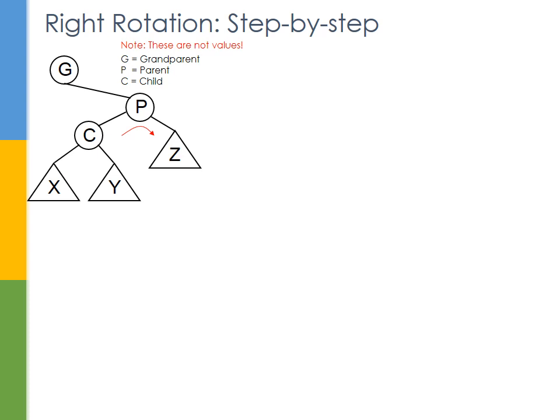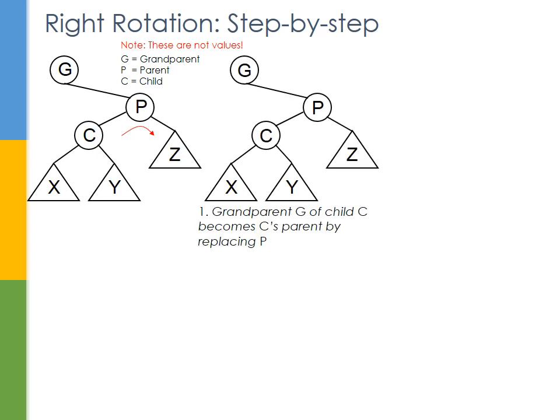So our first step is that our grandparent node G, which is the grandparent of child C, needs to become C's parent. And this is because C will be moving up and to the right, and the parent node P will be moving down and to the right.